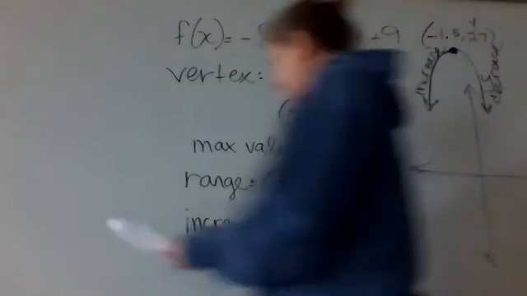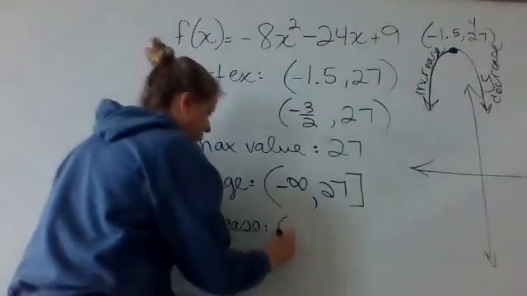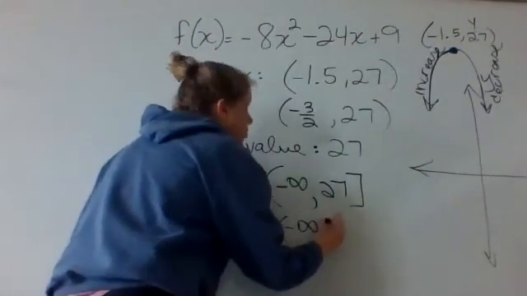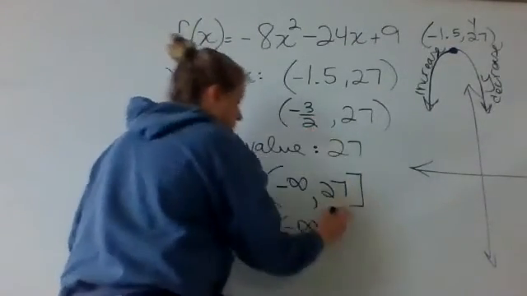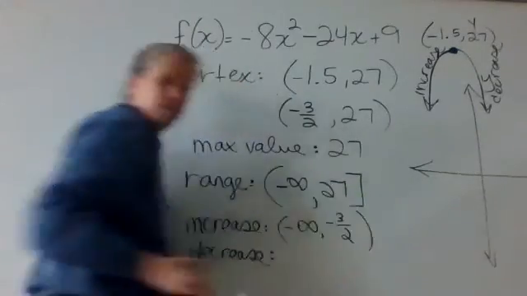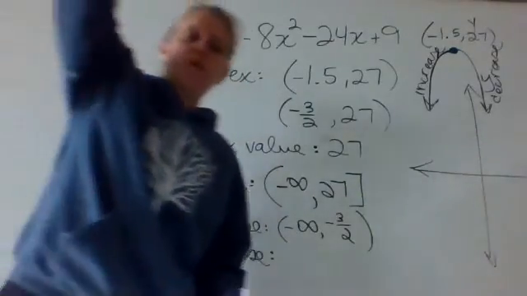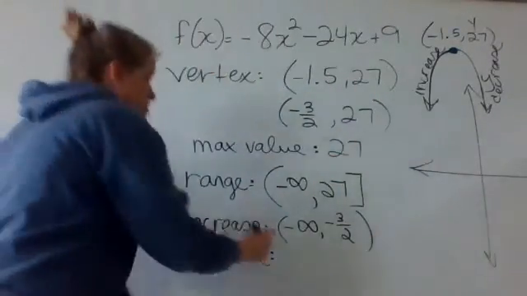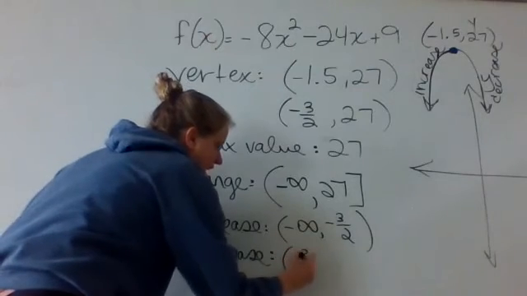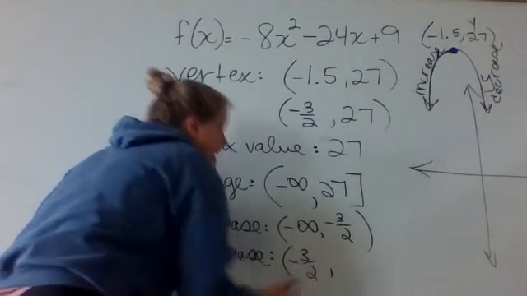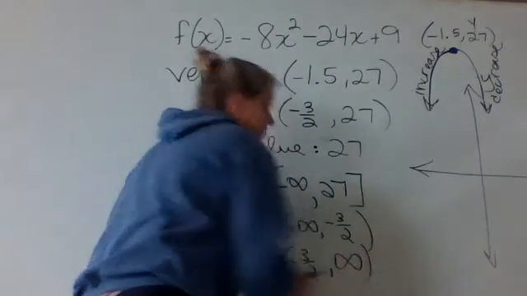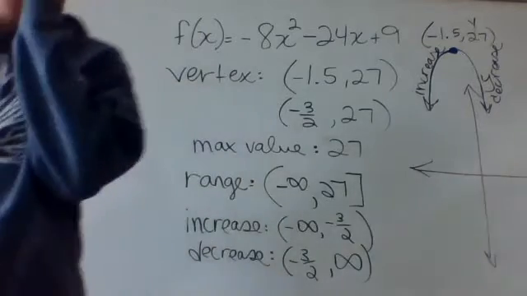So from negative infinity to, what's the x? Negative 3/2. Once it hits that point, it starts going down. So it starts decreasing at negative 3/2, and it decreases forever to infinity.